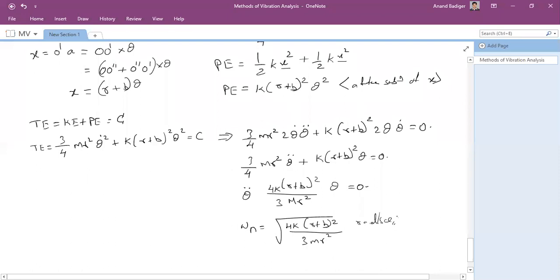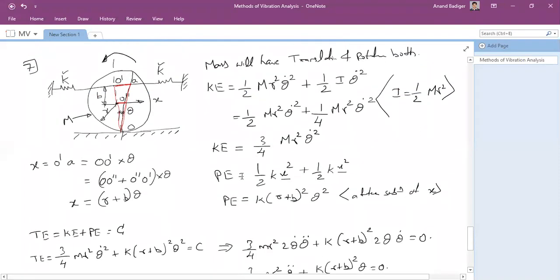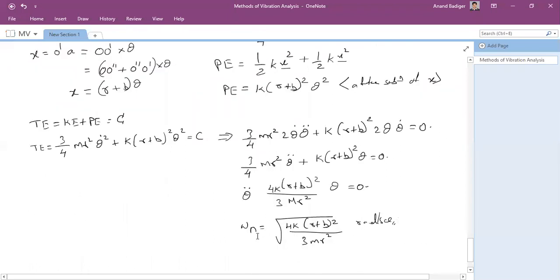So this would be the natural frequency of the given system. So the only main gist of the problem is you need to write properly the kinetic energy and potential energy equation. If you can write what is kinetic energy and what is potential energy properly, then automatically you can solve the natural frequency of the system. So it would become easier.